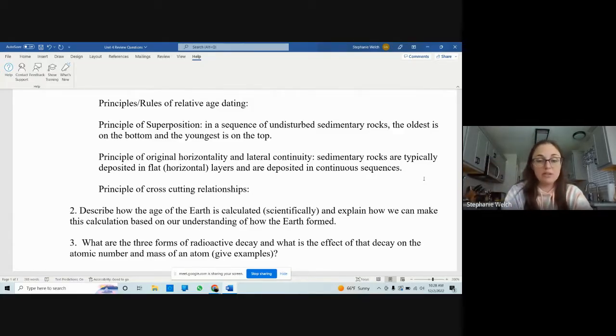So this applies to things called igneous intrusions. So this is molten rock that intrudes into other layers of rock, like layers of sedimentary rock, and then cools and solidifies in place. And this applies to faults.